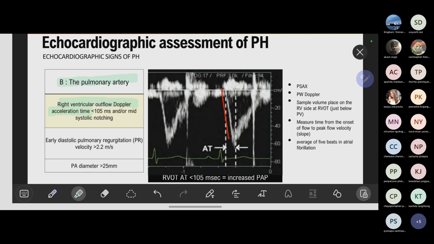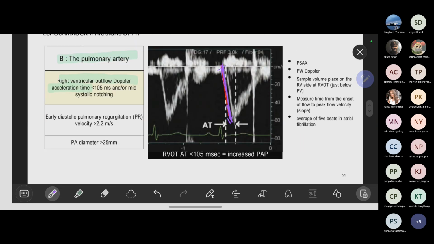This RVOT AT is measured by placing PW Doppler below the pulmonic cusp on the RV side, and you have to measure from this to this point. If pulmonary artery pressure increases, AT is short.